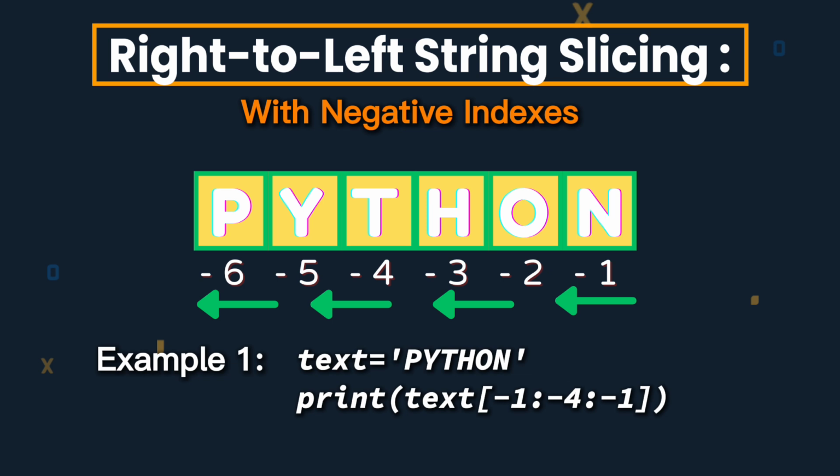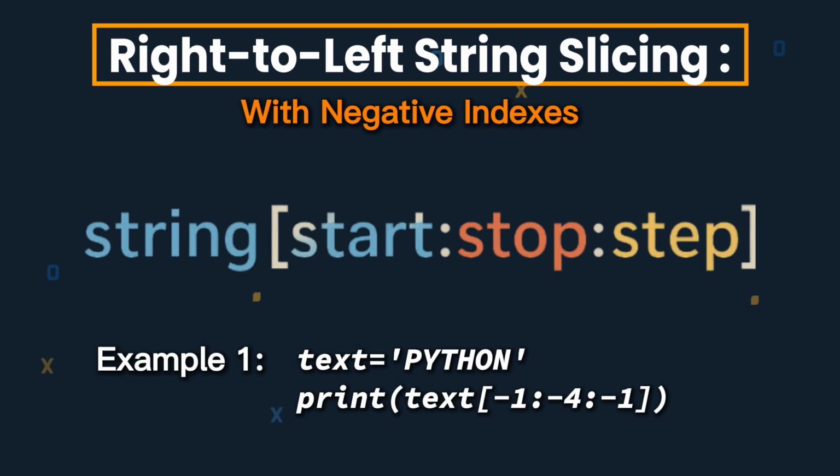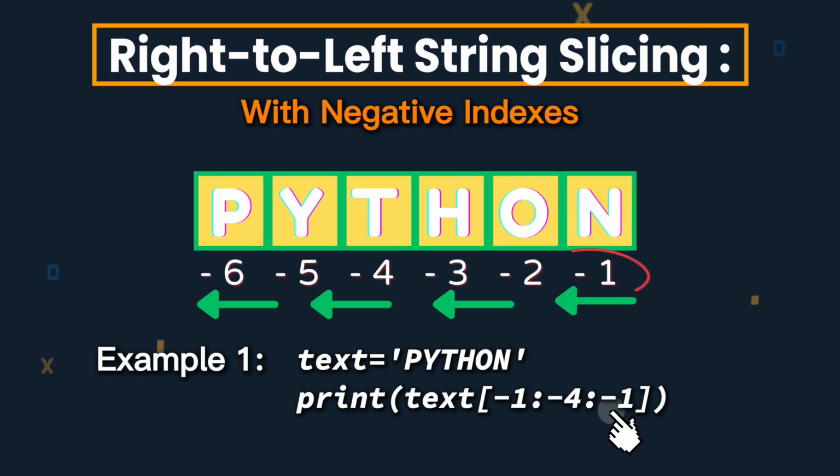In Python, when we slice a string, we use this format: start, stop, step, like this. In our example, the start is -1, which means we begin at the last character of the string, that's the letter N. The stop is -4, which tells Python to stop just before the character at index -4. That character is H. And remember, the stop index is not included.